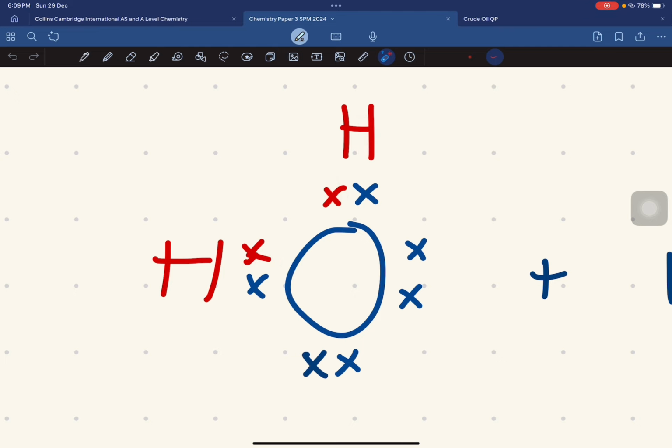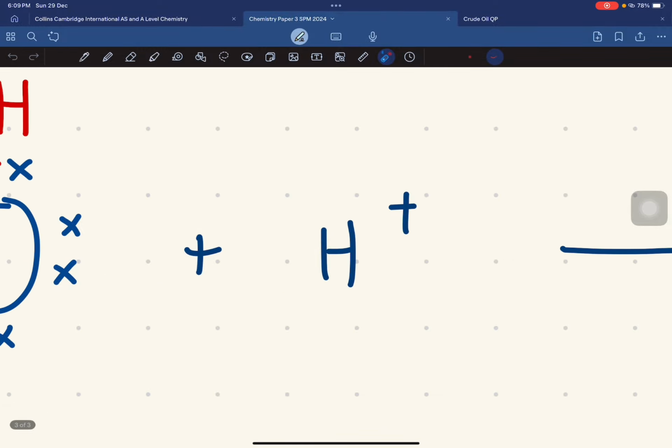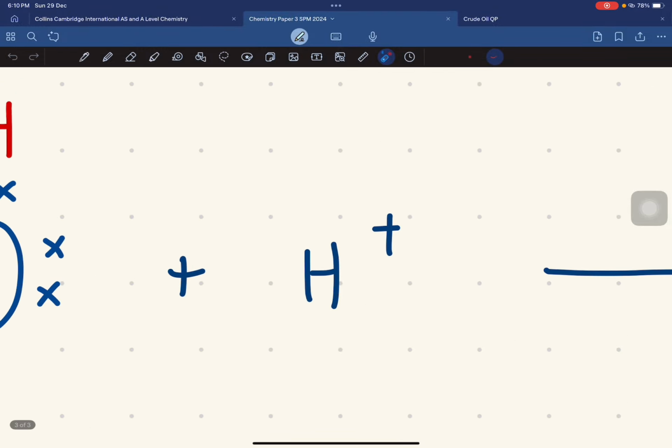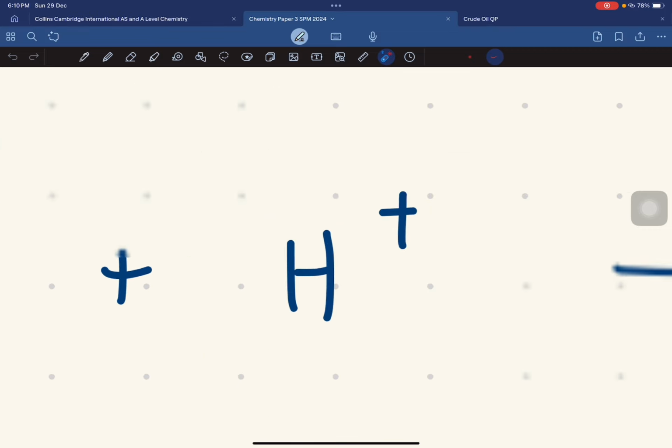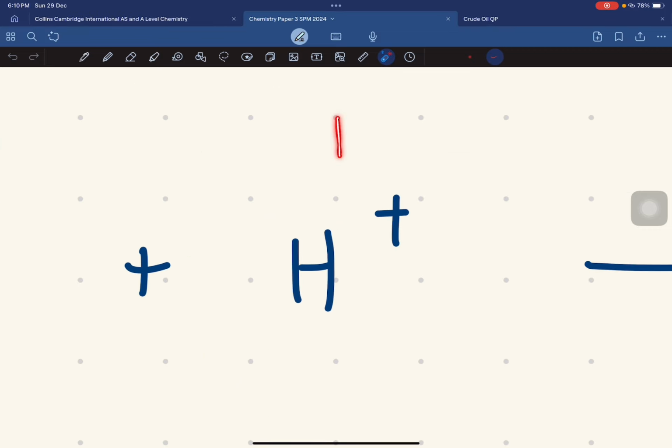So right now we have a total of 8 plus 2, which is equivalent to 10 electrons, which is equivalent to 10 protons. And looking at this hydrogen ion, like I said just now, it does not carry any electrons. So we have 1 proton and 0 electron.